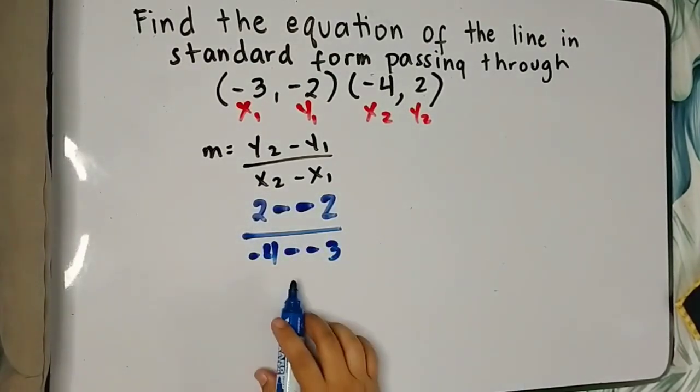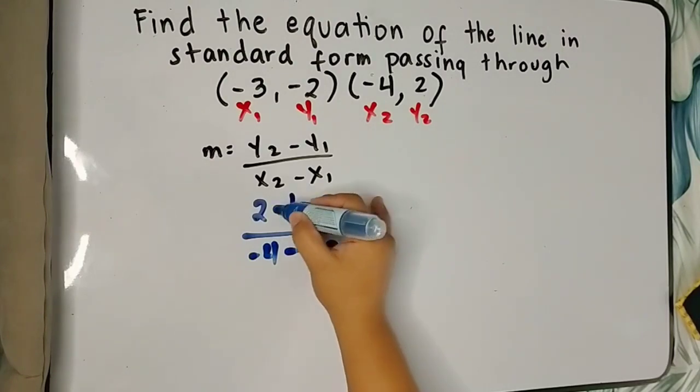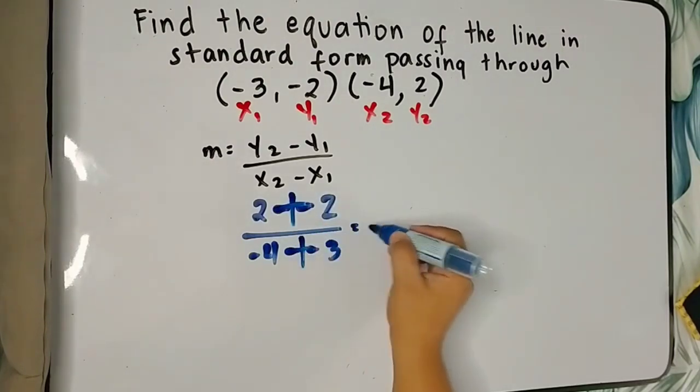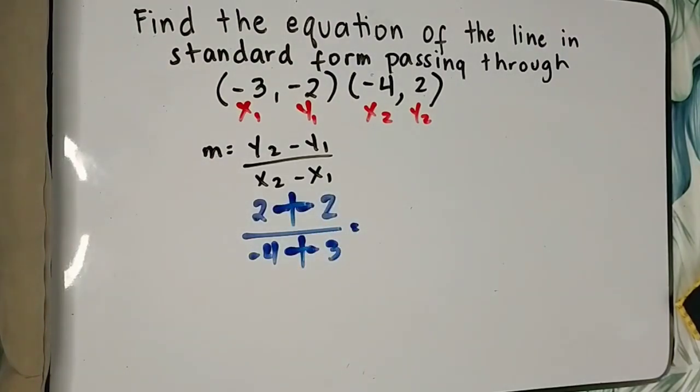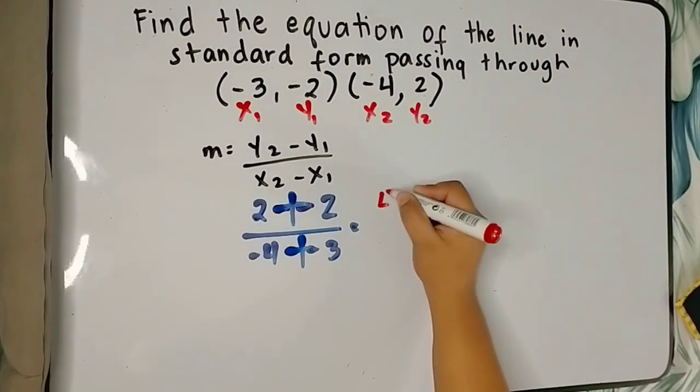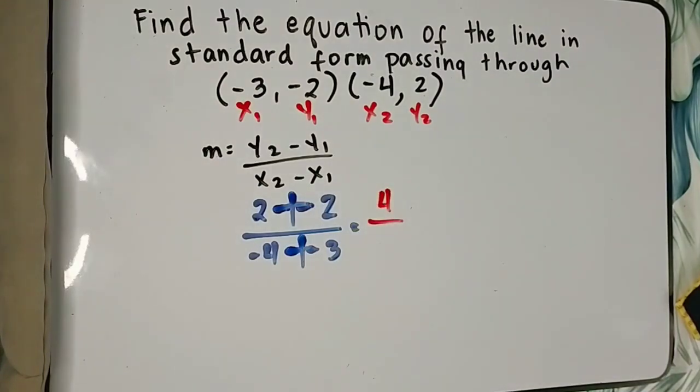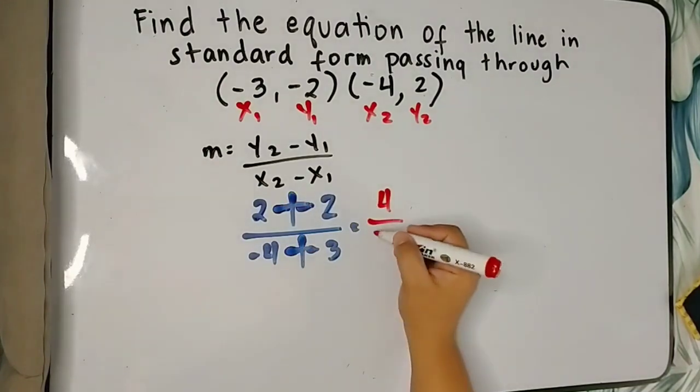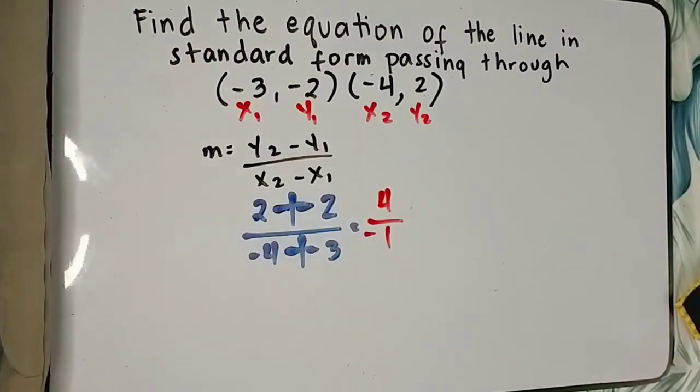So, since we have two negatives, it will become positive. So, 2 plus 2, that is equal to 4. So, 4 over negative 4 plus 3, 4 over negative 1.